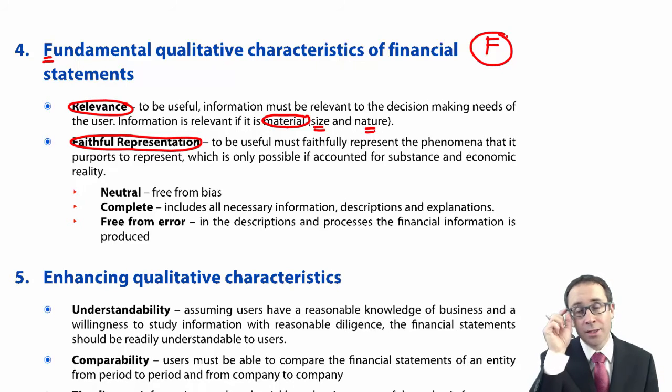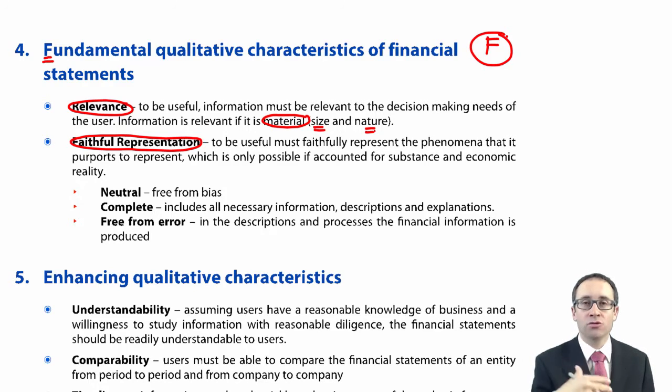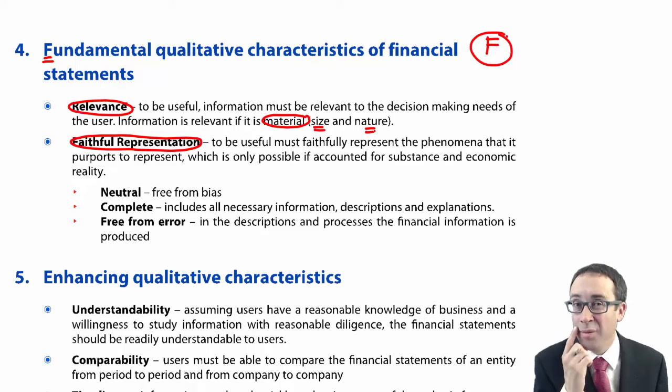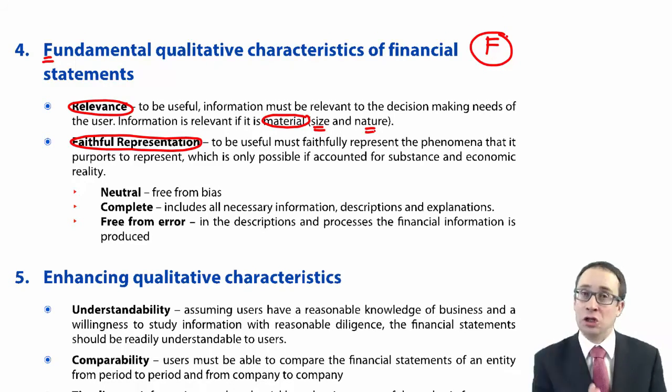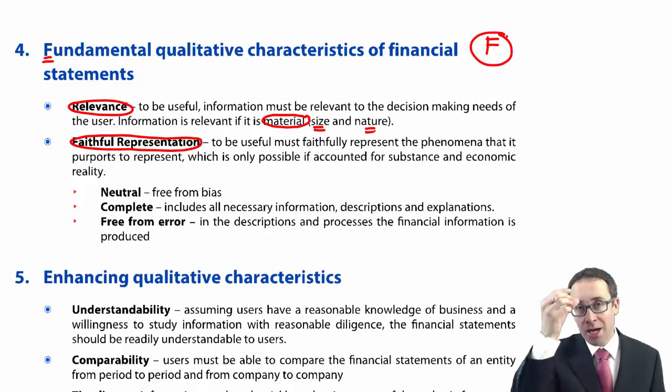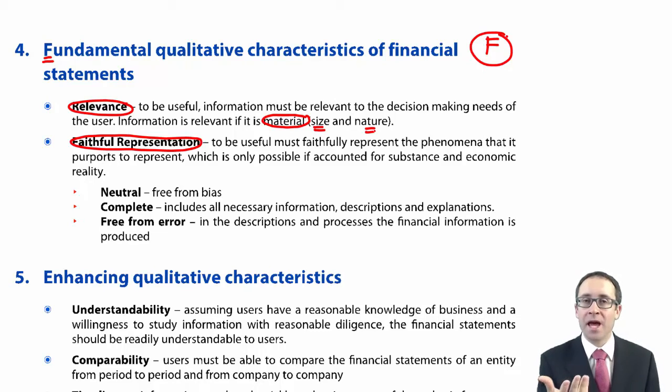The one that you would need to consider there is your director's remuneration. Director's remuneration is material, possibly by its size as well, because some directors do get paid a considerable amount of money. But even if they weren't, that would be material by its very nature, okay, because they are a related party of that business.